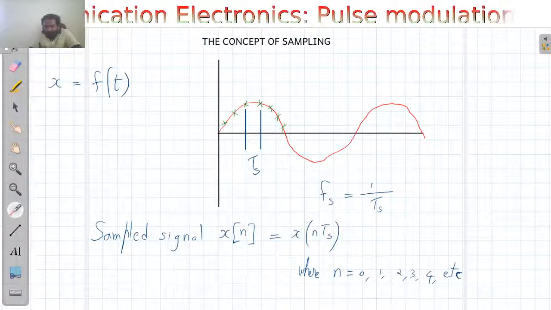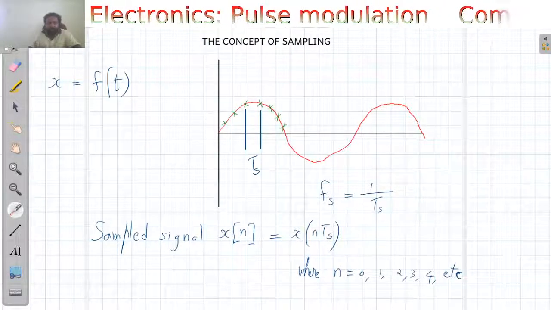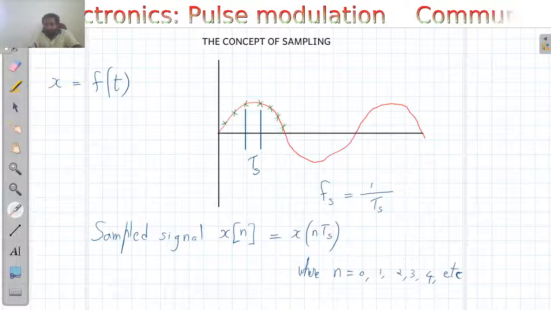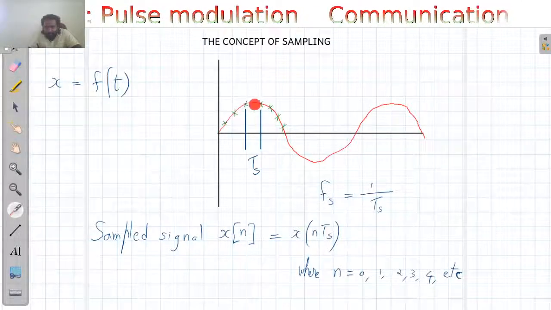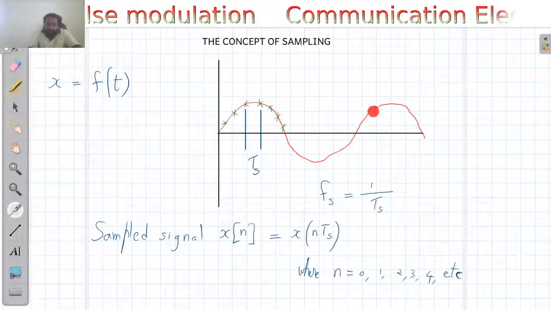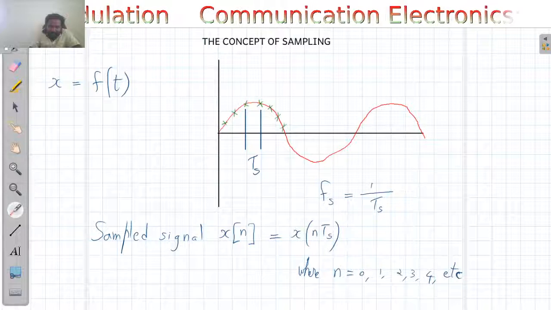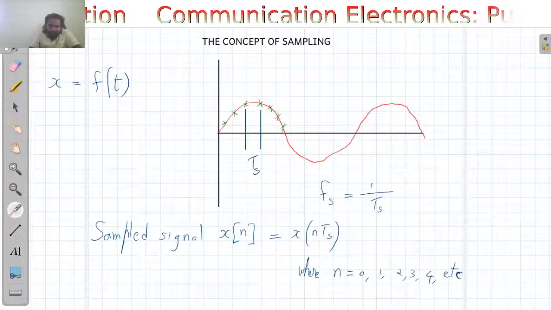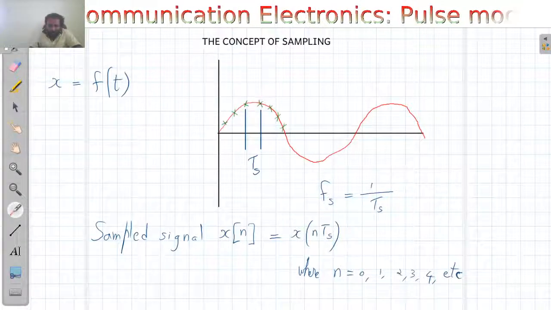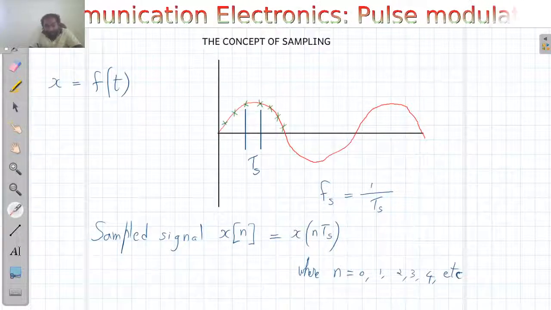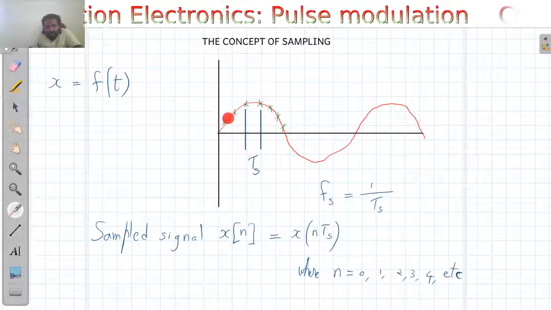So it means that you don't have to send the entire information content inside a wave towards the receiver. You just have to send the critical points inside a wave, so that he can predict what is in between two adjacent green colored dots.